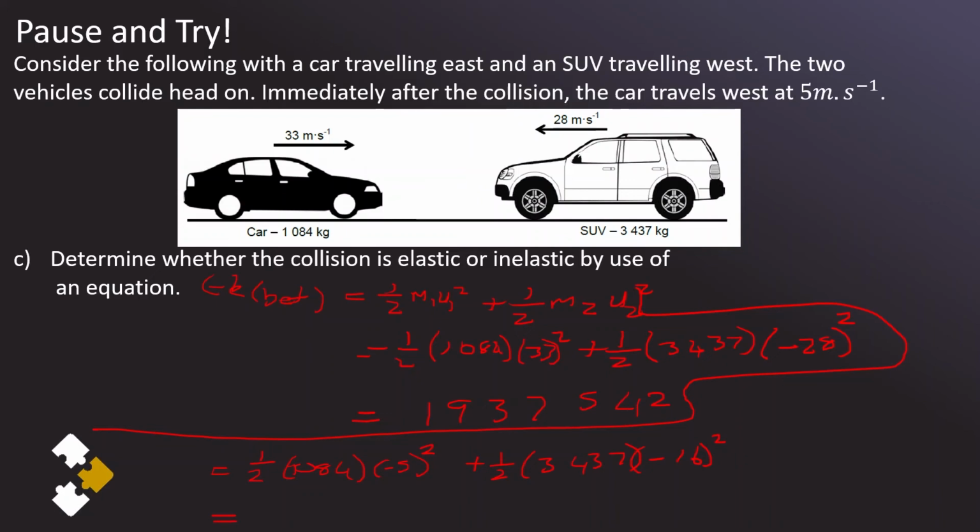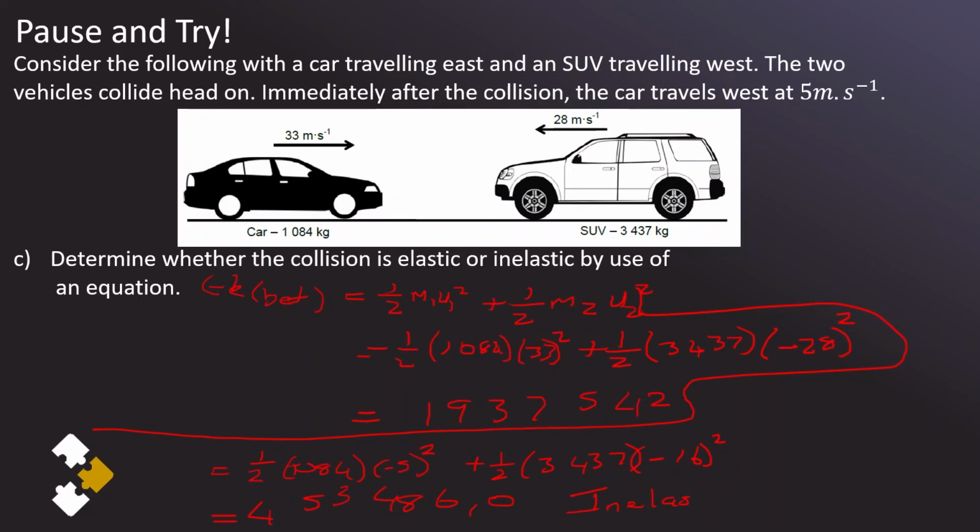So 0.5 times 1084 times 25, and then plus... 453,486,0, and therefore the collision was inelastic. Because the kinetic energy before is not equal to the kinetic energy after.